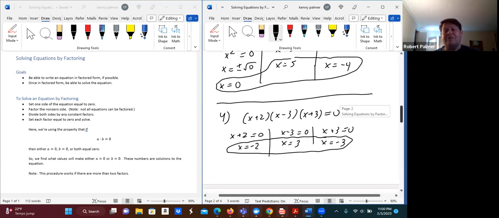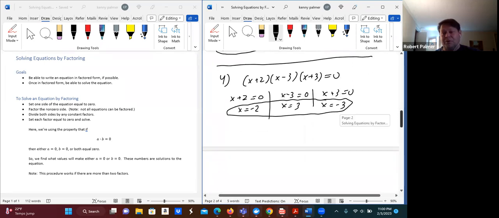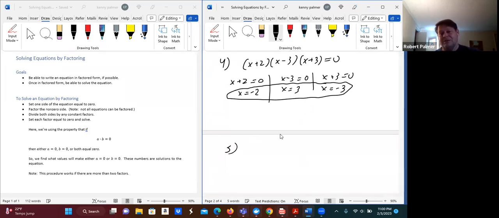And one final thing, not everything can be factored. Let me just mention one more problem. Let's say we had x squared minus x plus 50 is 0. Turns out you could try, but you can't factor this with real numbers.